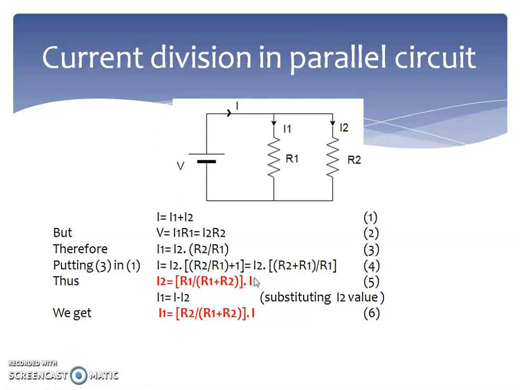Similarly, we can get the value of I1. Putting I1 equal to I minus I2 and substituting the I2 value, we get I1 is equal to R2 divided by R1 plus R2 into I. So as per the current division rule, in general, the current will be divided along the parallel paths, and the current across each path will be equal to the total current I multiplied by the opposite resistance.